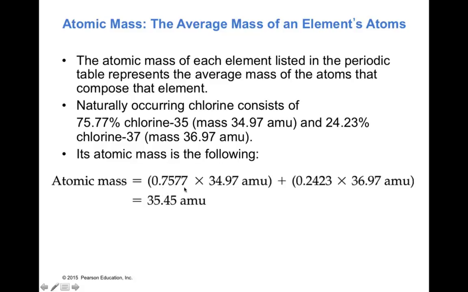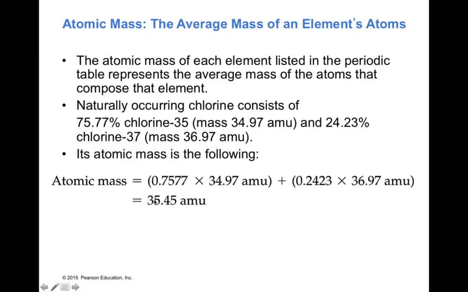This decimal abundance we multiply by the atomic mass of that isotope, and we do the same for the second isotope. The second isotope has a natural abundance of 24.23%, so we divide that by 100 and have 0.2423 times the atomic mass of that isotope.